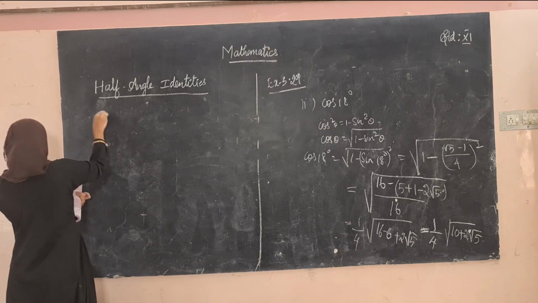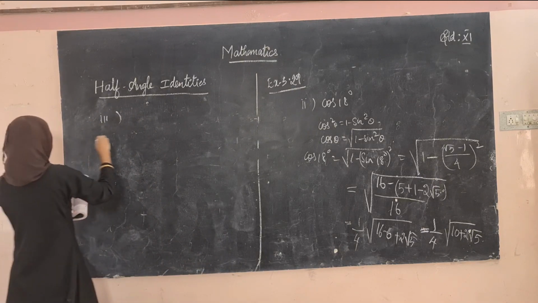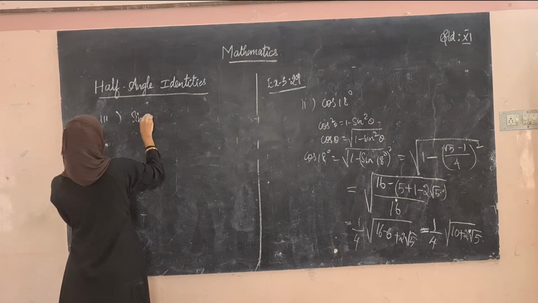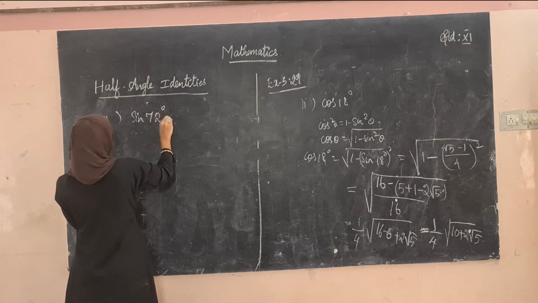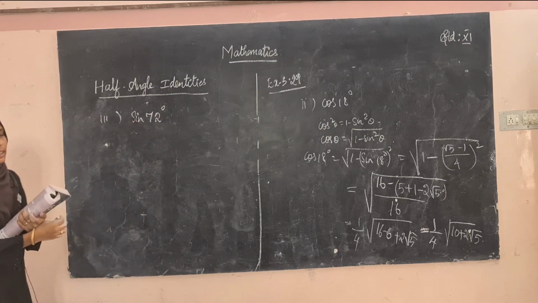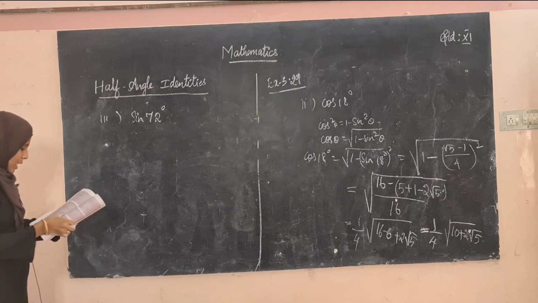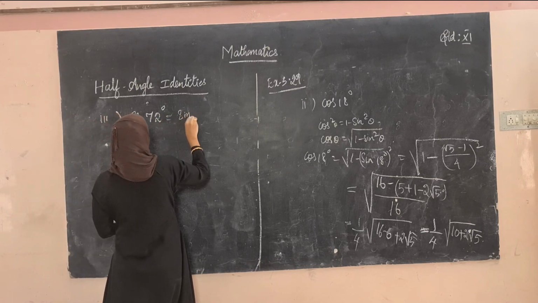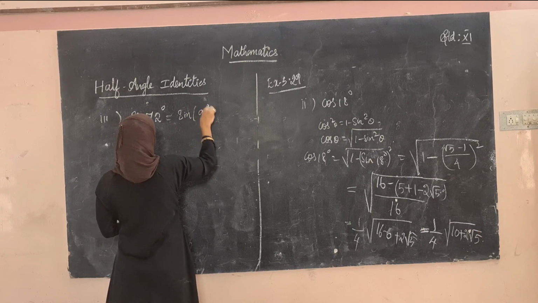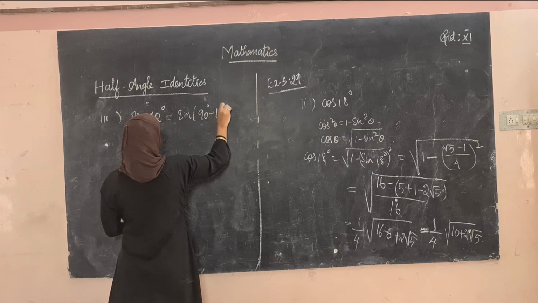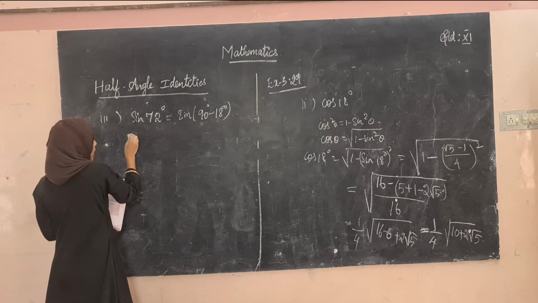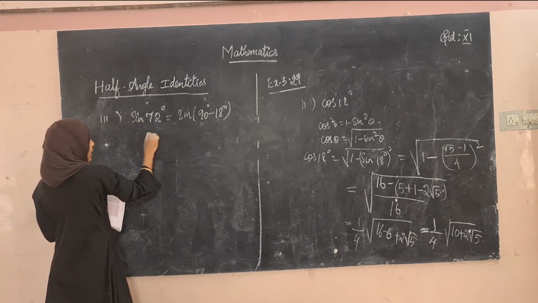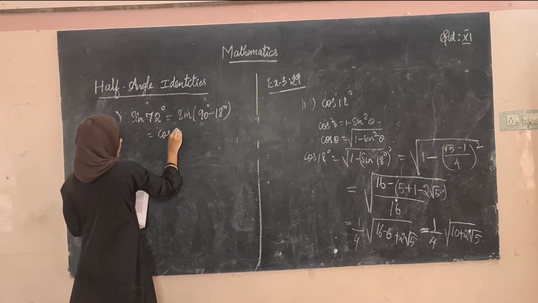Now the third subdivision, sin 72 degree. We know that 90 degree minus 18 is 72, right? This can be written as sin of 90 degree minus 18 degree. Since it is 90 degree, it will be changed to cos 18 degree.